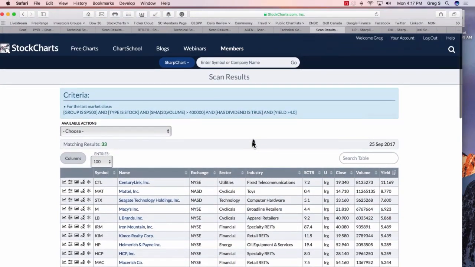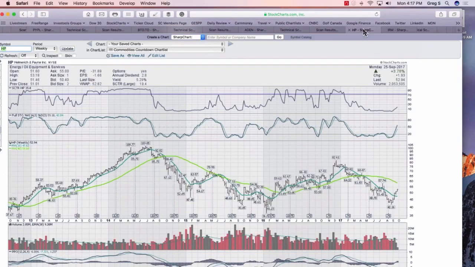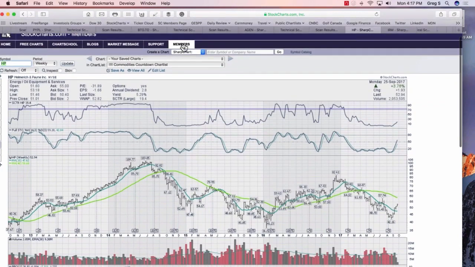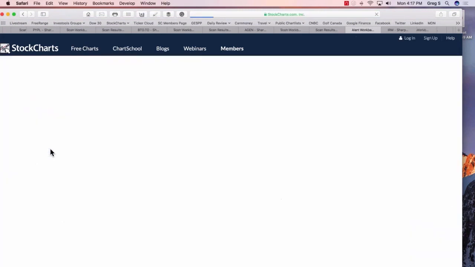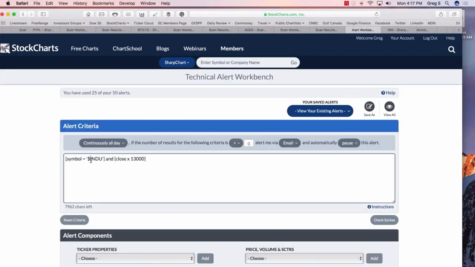If you wanted this to run automatically, the way you're going to do that is, instead of being in the advanced scan engine, which is where we started, we're going to start in the technical alert workbench. And I had taken that code from that previous scan and copied it, and now I'm just going to paste it in here.